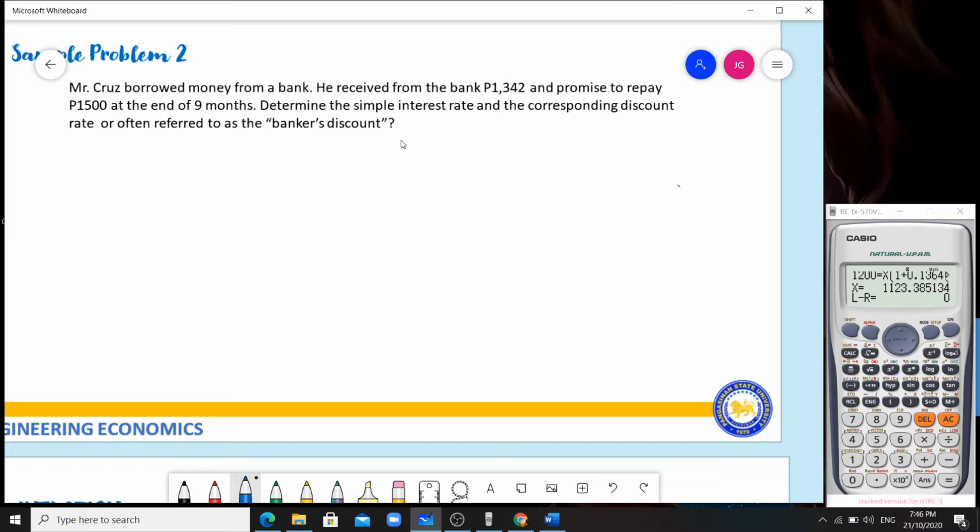Okay, so dahil 9 months lang to, unahin natin kunin yung interest rate, 'di ba? Ang interest is equals to what? F minus P, 'di ba? Parang discount lang. So, I is equals to 1,500 minus 1,342. Okay.